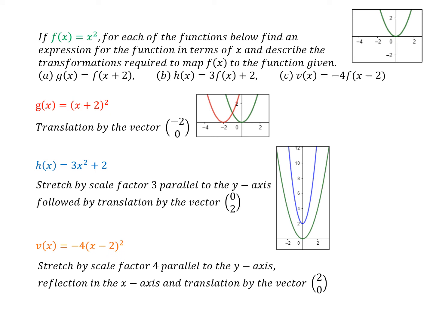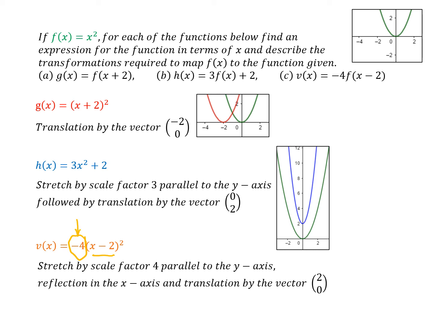This is what the function v of x looks like, and we are doing 3 transformations here. The first pair of transformations are to do with the multiplying by -4, and then the third one is the transformation where we've got -2 inside the brackets.